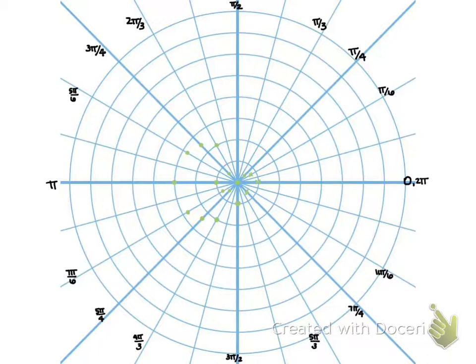Then I'm going to do the same thing with the 11 pi over 6. 11 pi over 6 would be at negative 0.7, so about right there. And I'm going to shoot that through as well. Here.